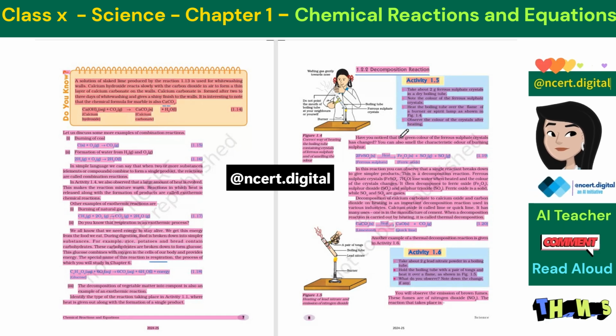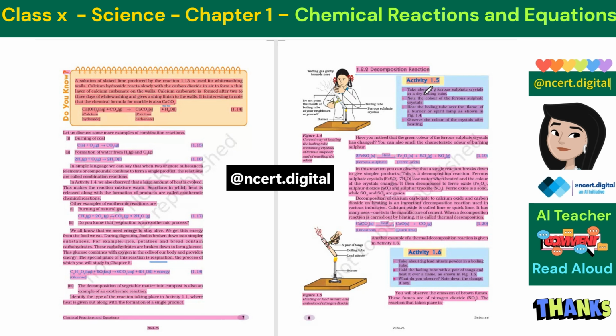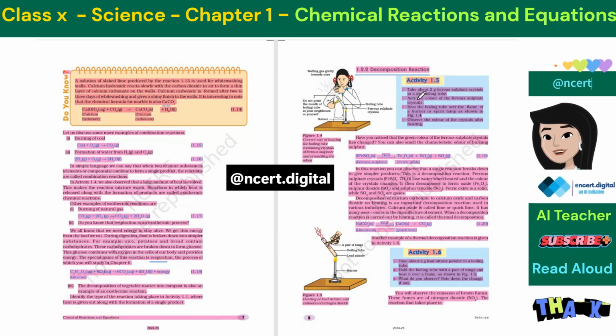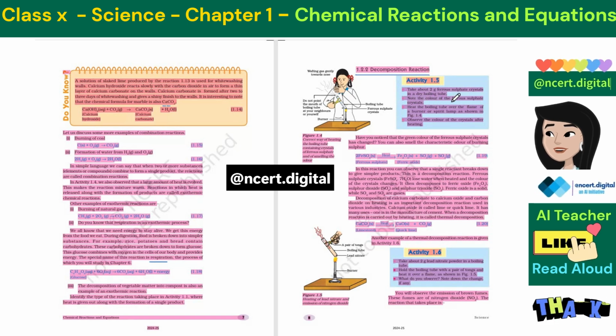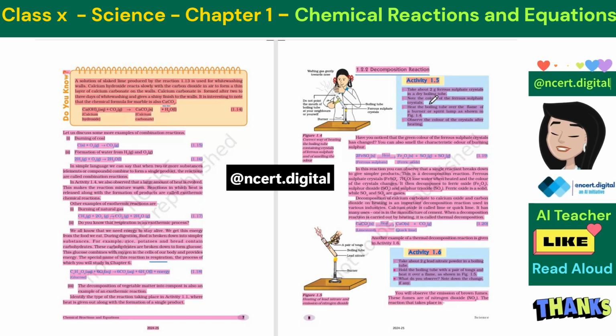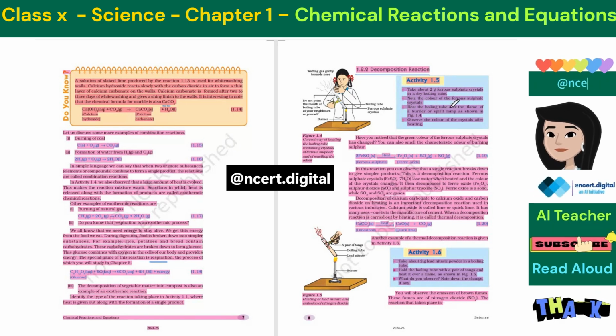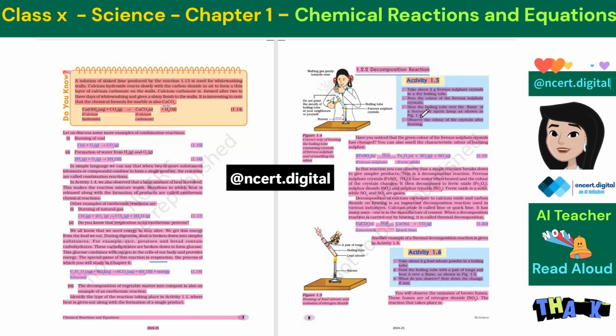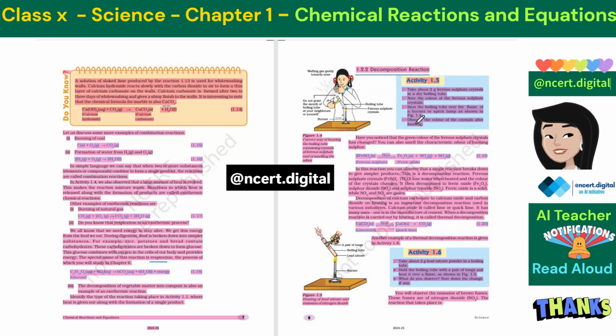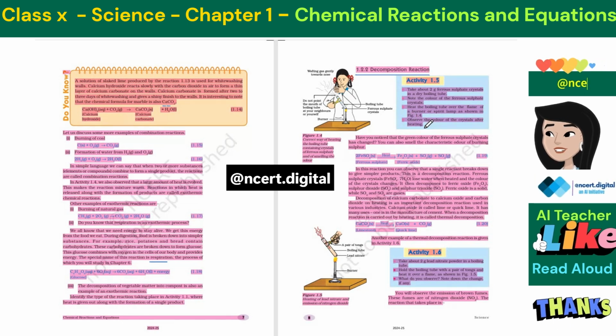Activity 1.5: Take about 2 g ferrous sulfate crystals in a dry boiling tube. Note the color of the ferrous sulfate crystals. Heat the boiling tube over the flame of a burner or spirit lamp as shown in Figure 1.4. Observe the color of the crystals after heating.